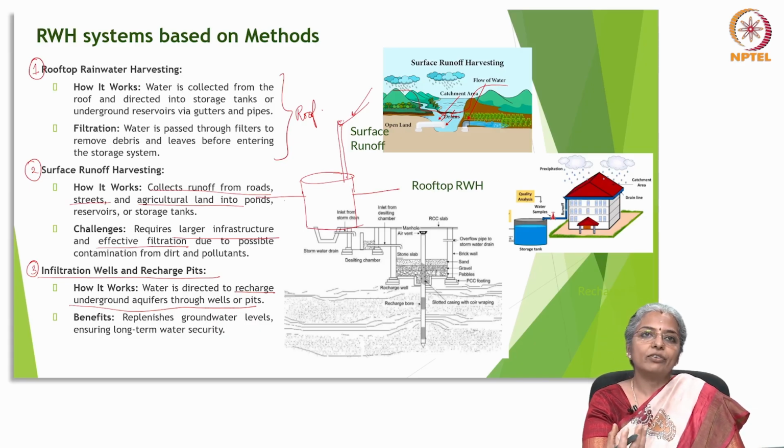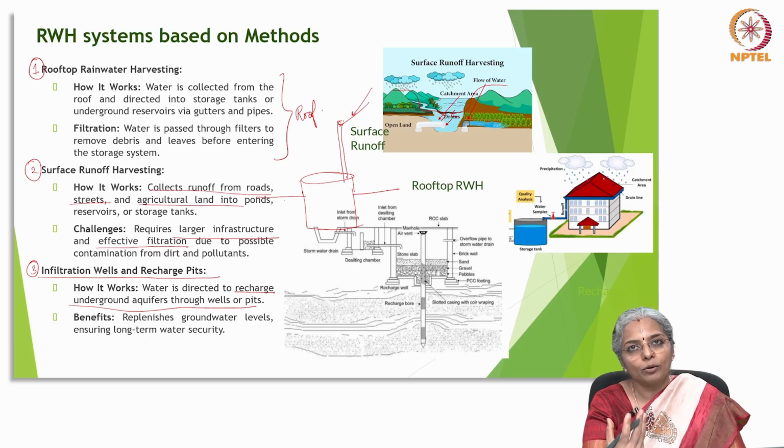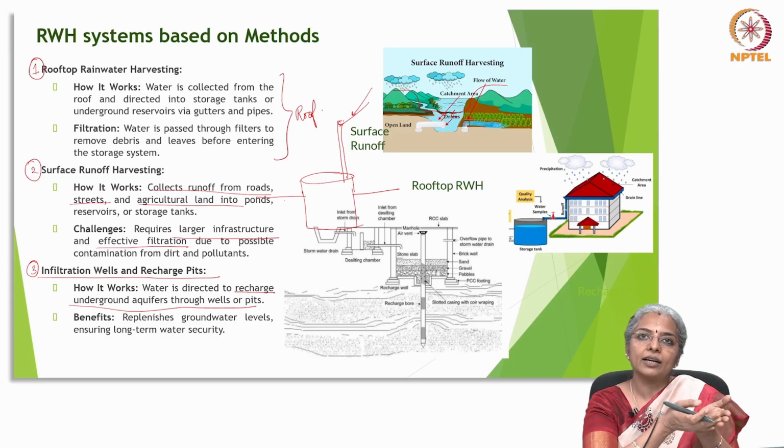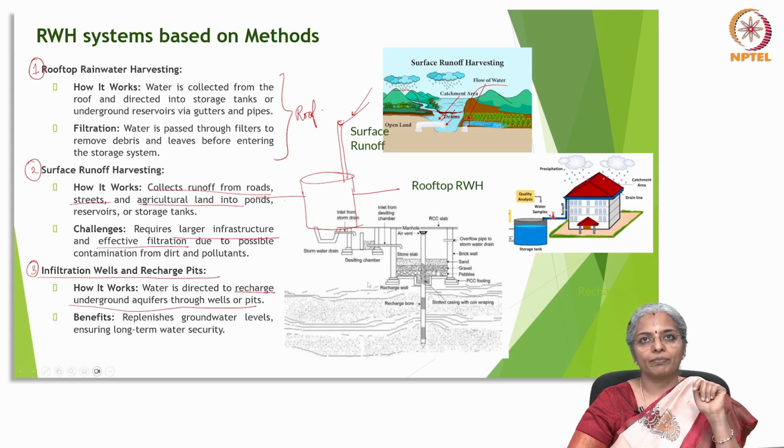The benefit of this is it will keep replenishing your groundwater level and it will ensure you long term water security. So, the well and the underground aquifer will get recharged every time you do this.